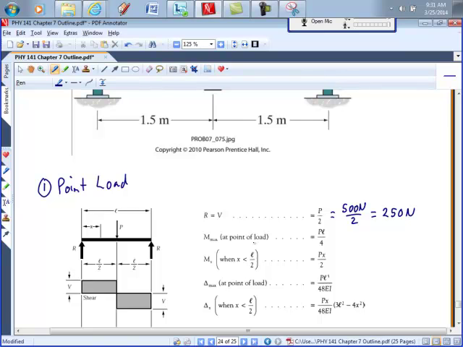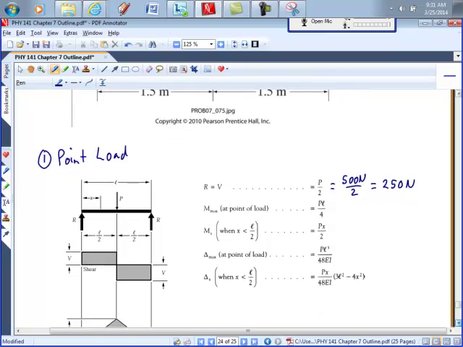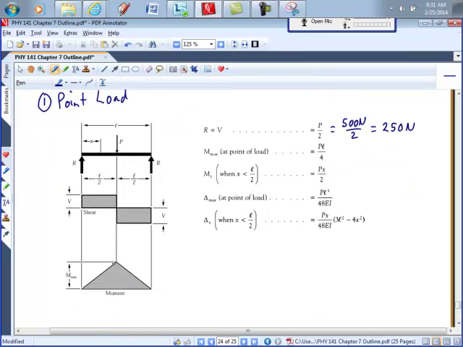The maximum moment, which is here at the point of the load, is going to be PL over 4. Well, P is 500 newtons, L was 3 meters, over 4. Sorry, over 4.